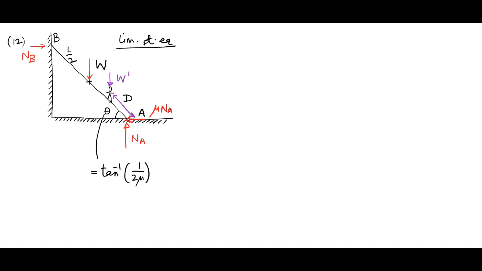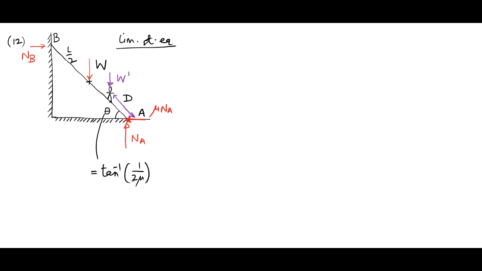So that's the complete FBD of the system. It's the FBD not only of the ladder, it's the FBD of the ladder plus man, the system consisting of ladder plus man. Now just to remind you yet again, theta is not any angle which you like. It is equal to tan inverse 1 upon 2 mu, because the question states in the first sentence that the ladder, before the man starts climbing, rests against the rough floor and the smooth wall such that slipping impends.